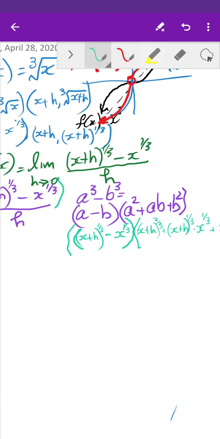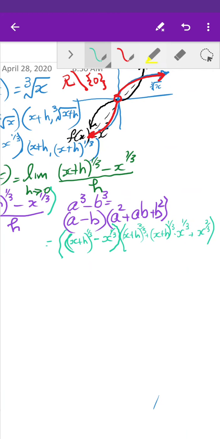Now that's going to equal x plus h to the 1/3 cubed, looking at that rule, minus x to the 1/3 cubed.